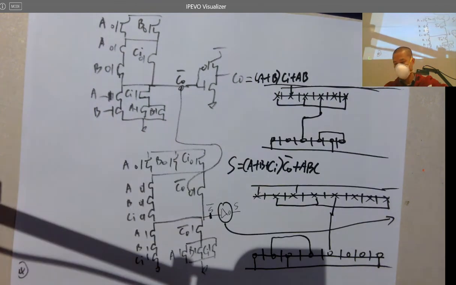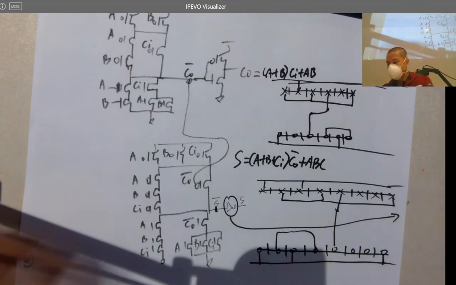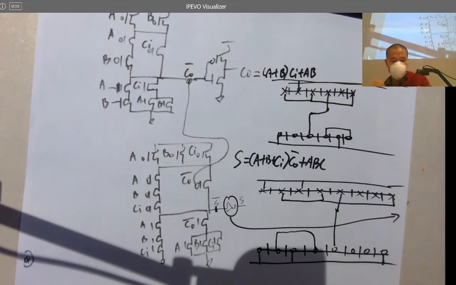Okay, so that's the full adder. We're done with the adders.